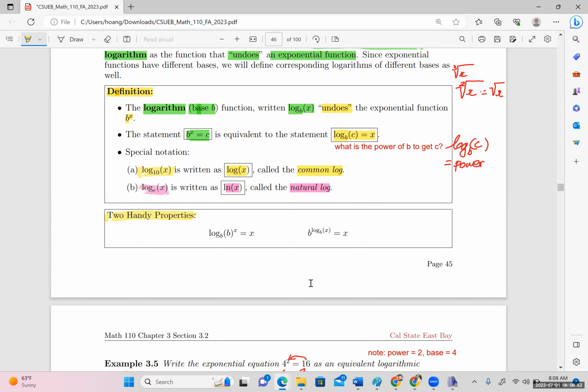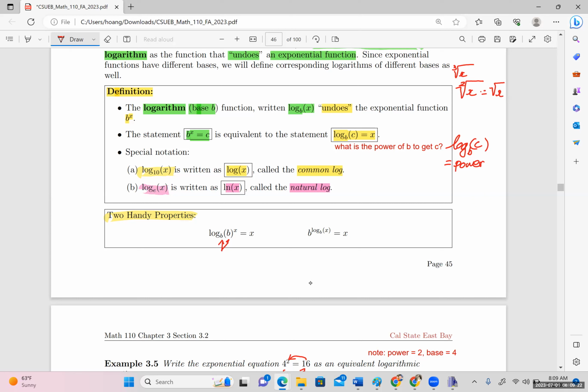You see that the base b and the argument b are the same, and the only thing left is the power of that argument, which is x.